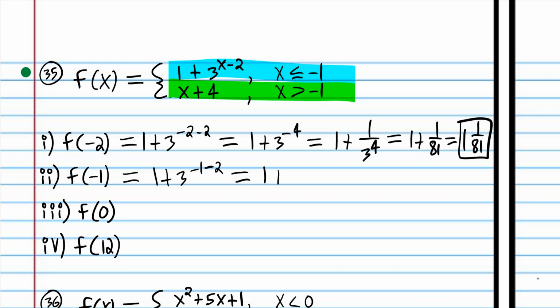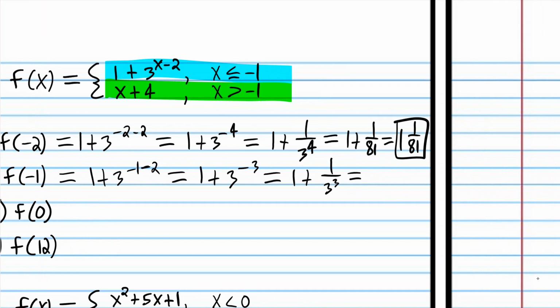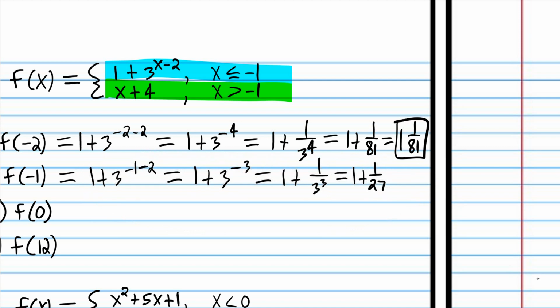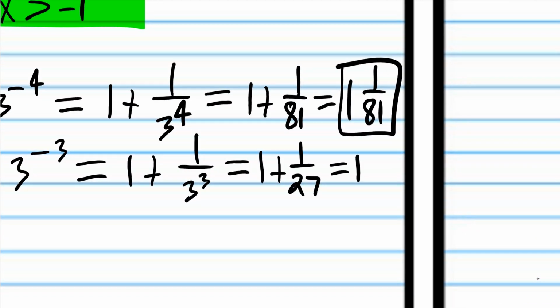So now we have 1 plus 3 to the -3. And that's going to be 1 plus 1 over 3 to the positive 3, so we used exponent rule 8 again, and then we have 1 plus 1 over 27. And so again, it's easiest probably to just write a mixed number. So 1 and 1 over 27.